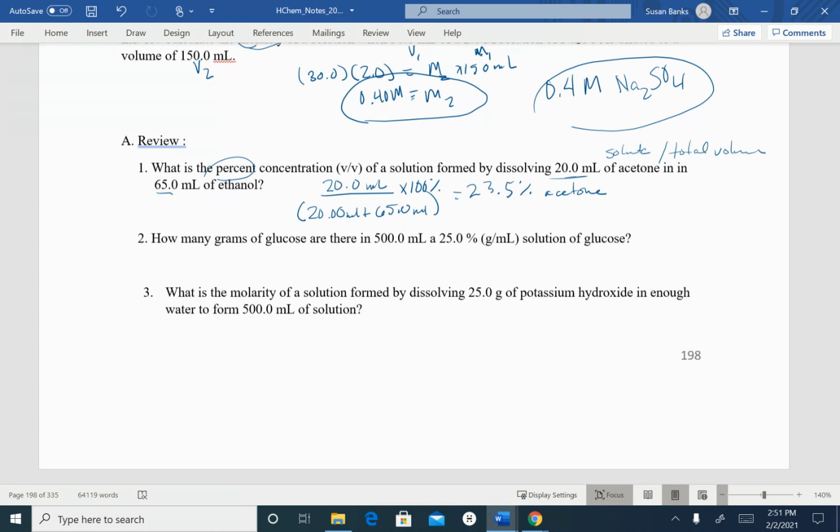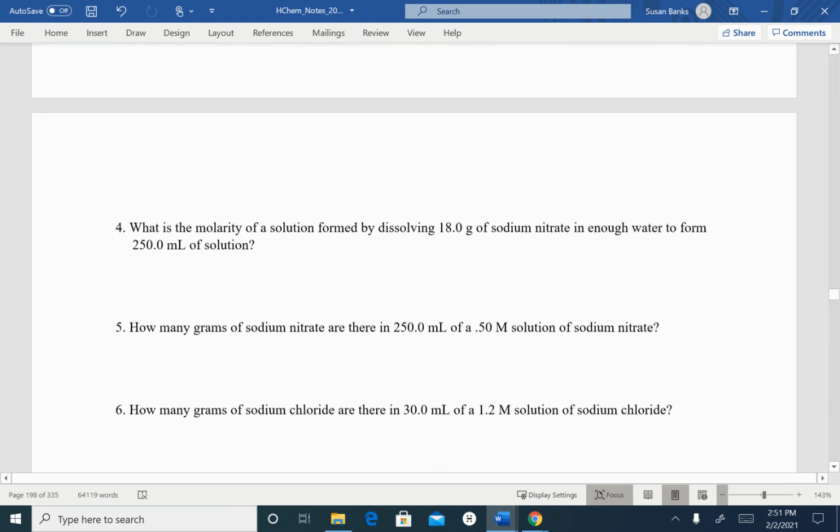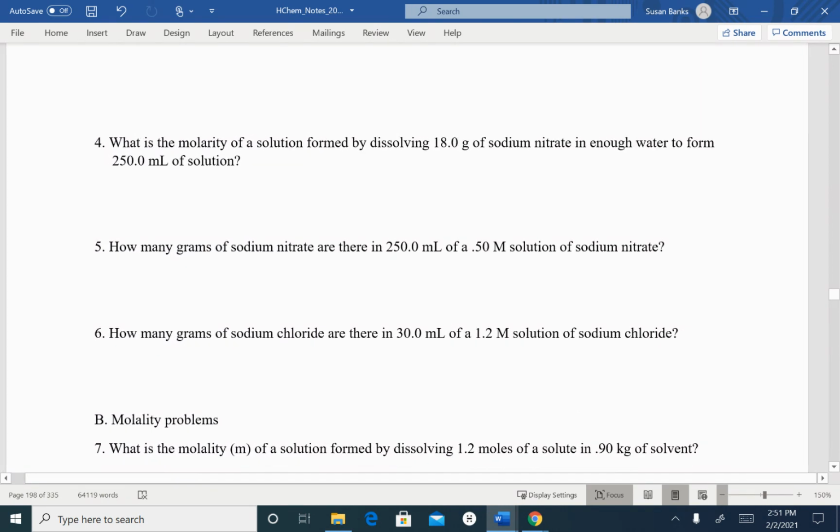All right, let's do number 4. What's the molarity of a solution formed by dissolving 18 grams of sodium nitrate? The first thing we've got to do is find the formula for sodium nitrate. Sodium is a +1, and if you look on your polyatomic sheet, nitrate is NO3 -1. So we're going to need one of each.